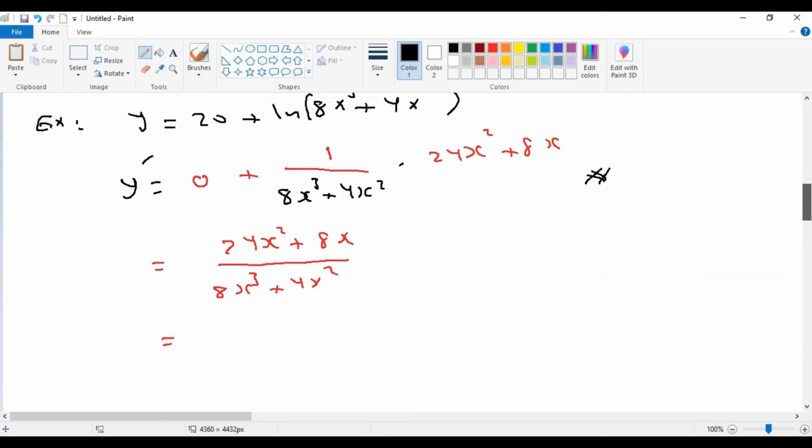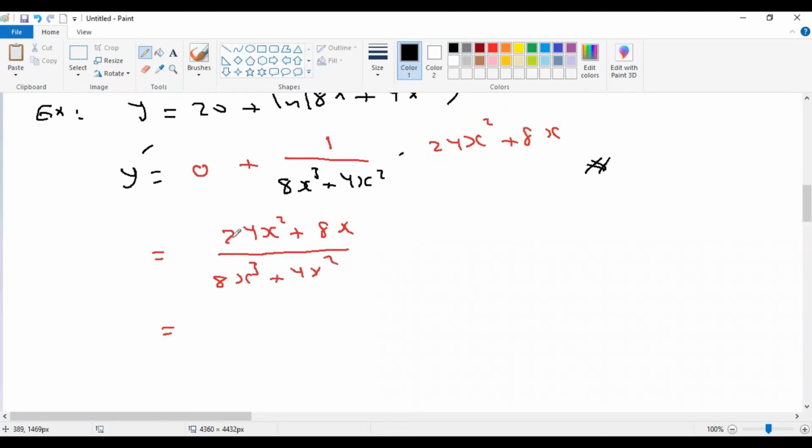See, this can be simplified. In this one I can take 24 and 8. 8 is a common factor, and I can also take x as a common factor. So this will be 3x, because 8 times 3 is 24, x by x squared, and the 8x will be 1. Divided by what? Here I can take 4x as a common factor, so it'll be 2x squared plus.